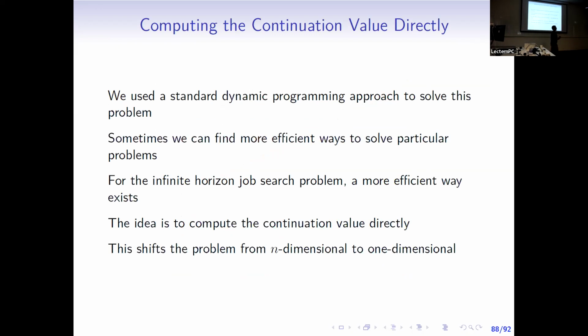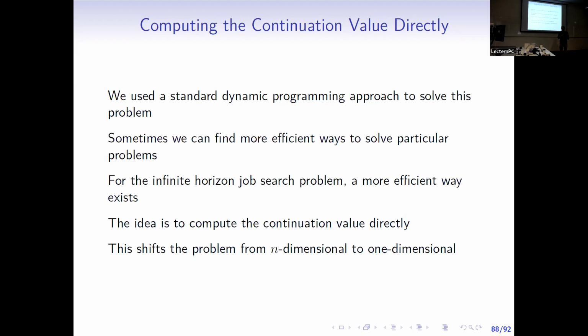Now, having said that, what we've done is we've just solved this problem in the most plain vanilla dynamic programming procedure that we can: value function iteration without thinking too much about the structure of the problem.